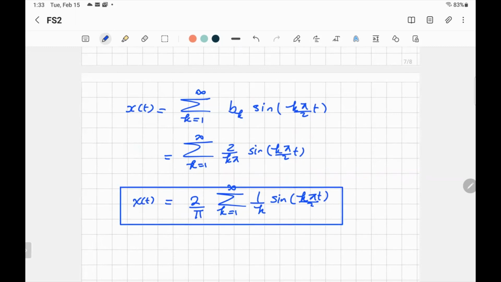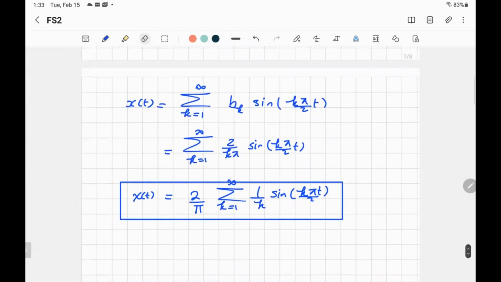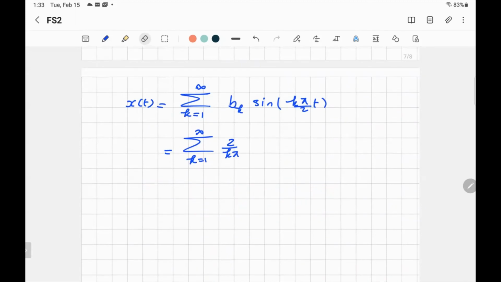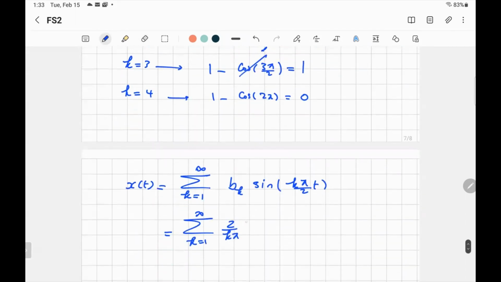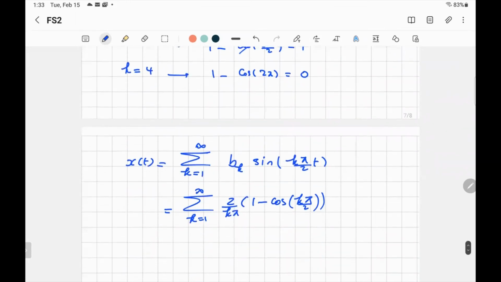Wouldn't you have to include the 1 minus cosine pi over 2 in your B_k? Oh, why? Exactly. Yeah, I forgot it. It has to be there. You're right. That's the magnitude, and 1 is still a magnitude also: 1 minus cosine k pi over 2.